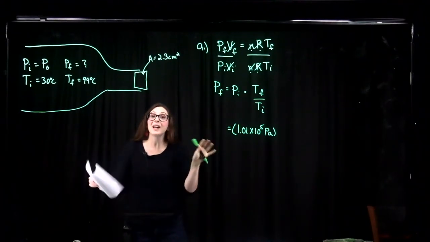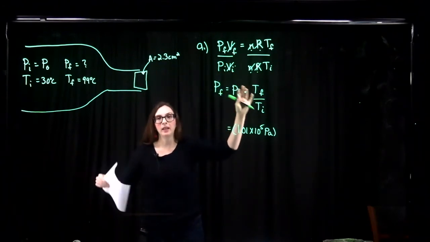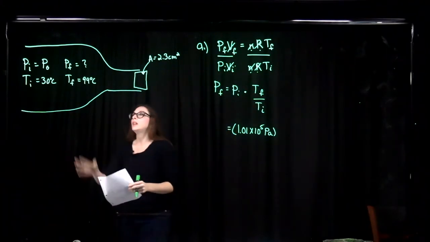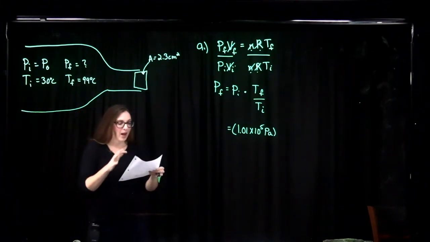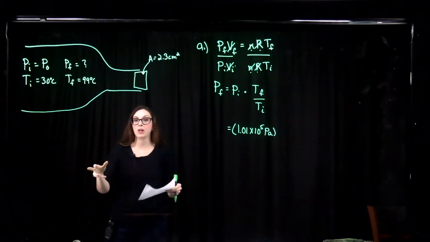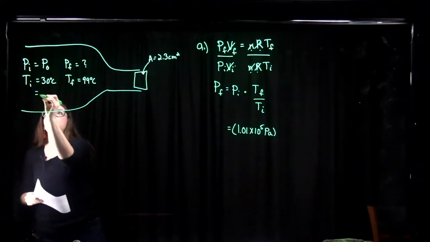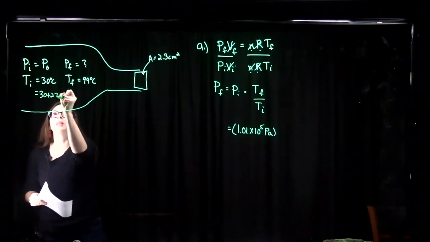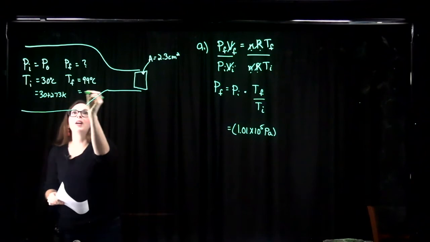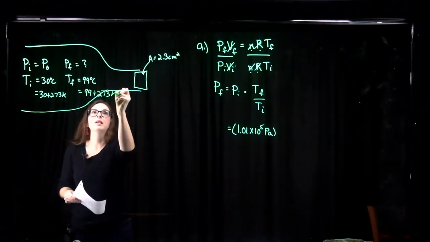Okay, but for the ideal gas law, these temperatures always have to be in Kelvin. So how do I get these temperatures to Kelvin? You can always convert Celsius to Kelvin by adding 273. So our initial temperature is 30 plus 273 Kelvin, and our final temperature will be 99 plus 273 Kelvin.